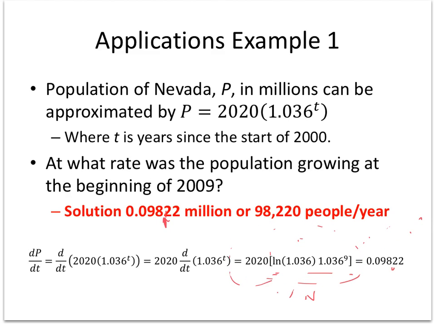The reason why we did this and left the t alone, and this is very, very important, is because this gives me a function. I could say, what about 2010? I just plug 10 in. What about 2011? I just plug 11 in. That's what we want to get to. We don't want to always end up with a number here; we want to end up, in my step before, with a function that I can plug in.